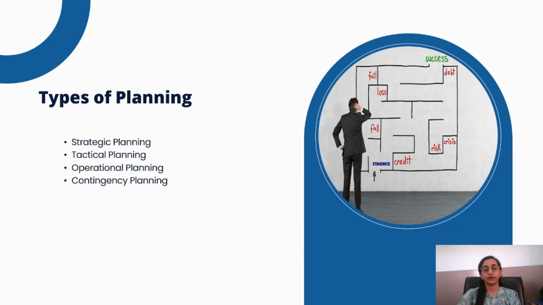So, what is the importance of strategic planning? Strategic planning is essential for several reasons like direction and alignment, proactive management, resource allocation, and performance enhancement.